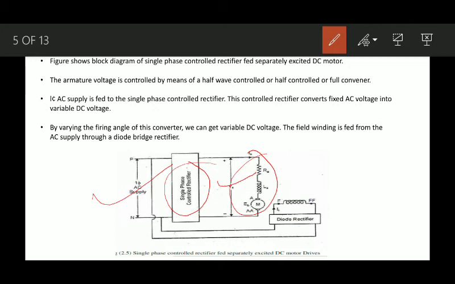How can we control the DC voltage? By controlling the firing angle of the converter, we can get variable DC voltage on the basis of the firing angle of the controlled rectifier.